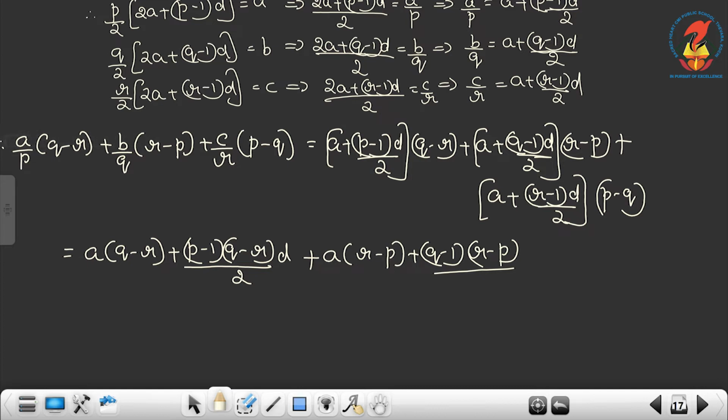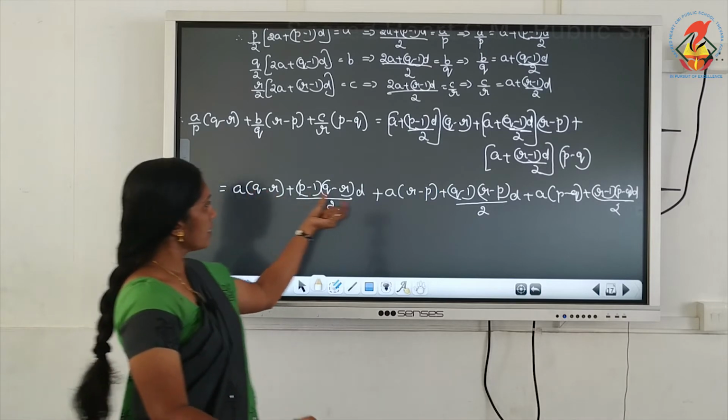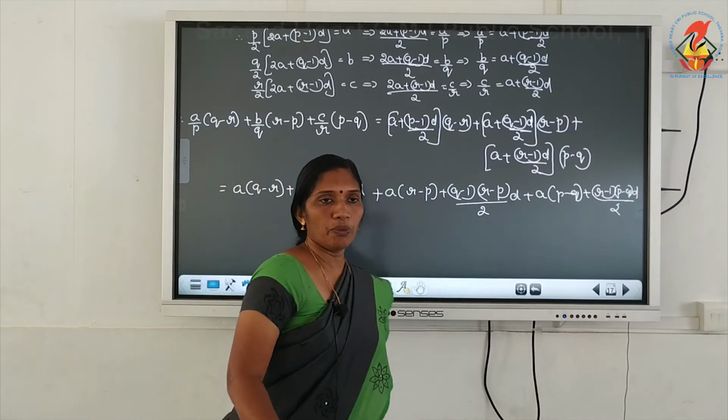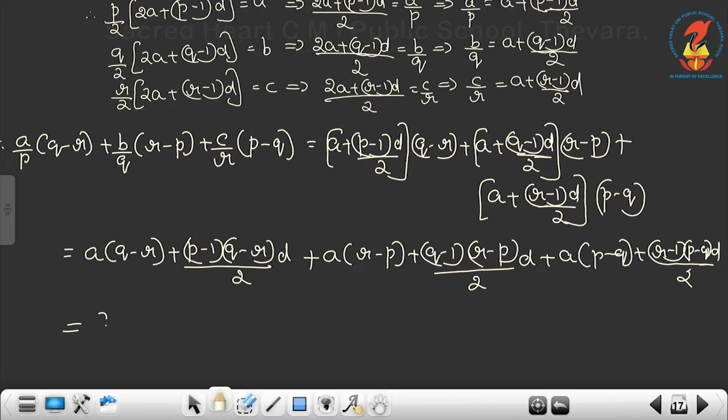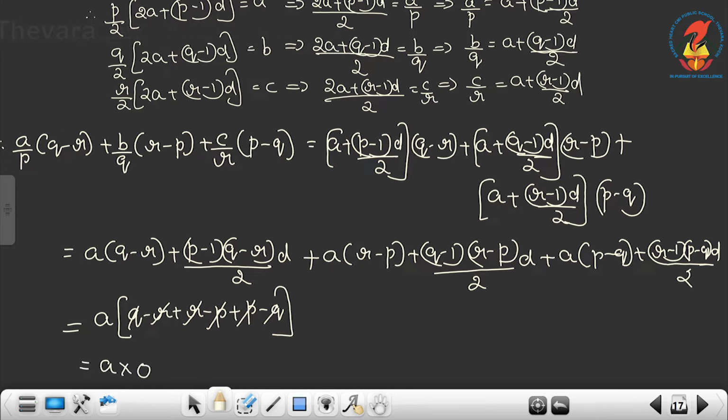So we can take D outside. D plus A into (P minus Q) plus (R minus 1) into (P minus Q) into D by 2. So A into bracket here, A into bracket there also. A we can take out. Then the bracket: Q minus R plus R minus P plus P minus Q. So P and P cancel, R and R cancel, Q and Q cancel. That is A into 0 we get.